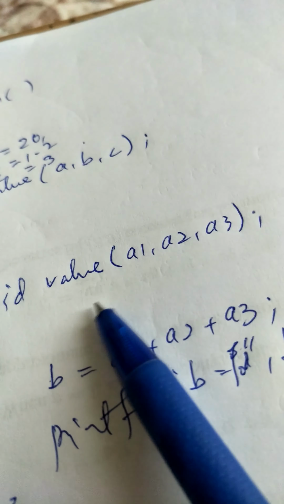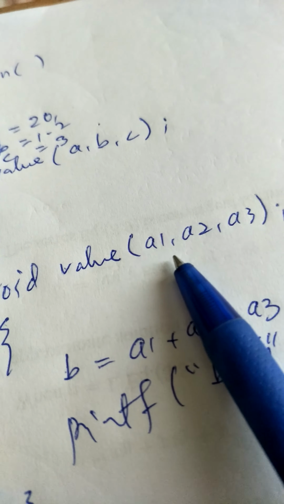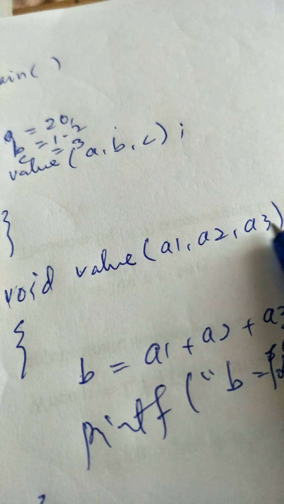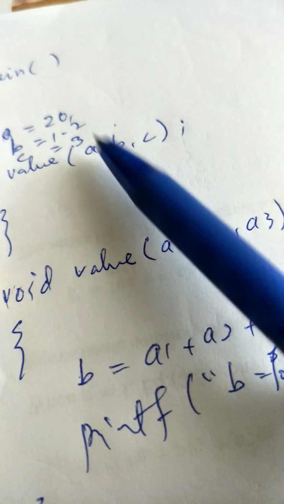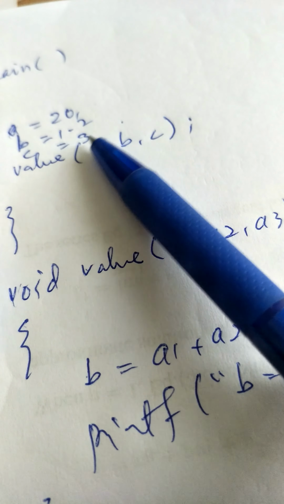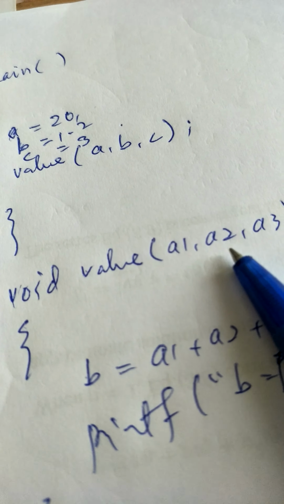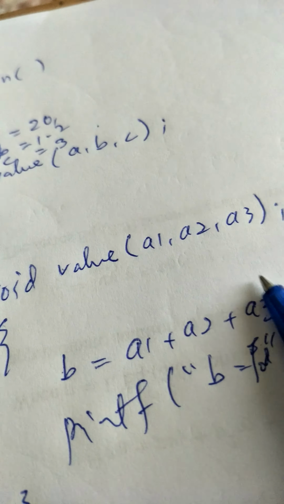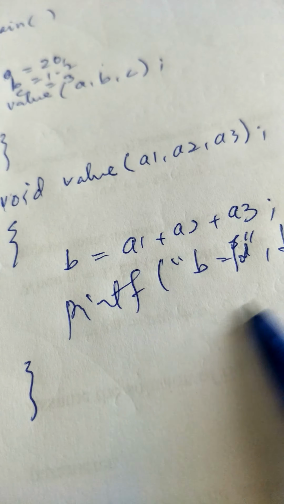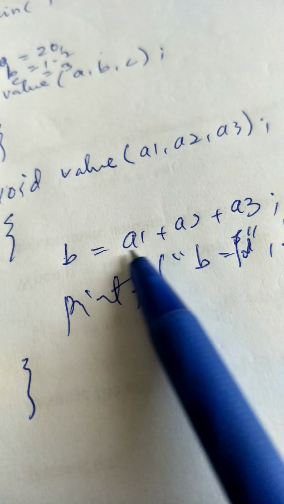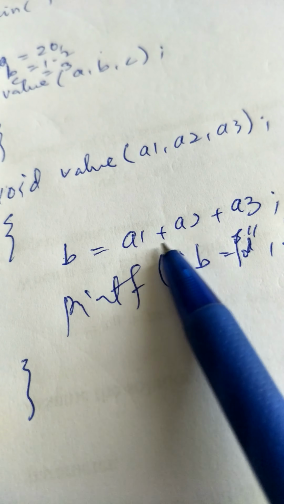Look at this function, look at the argument, the actual argument and the formal or dummy argument. We have A1, A2, A3. So what happened now? The value of A, which is 20, will pass into A1. The value of B, which is 1.2, passes into A2, and the value of C, which is 3, passes into A3. Inside the subprogram or function value, we do some manipulation on A1, A2, A3.